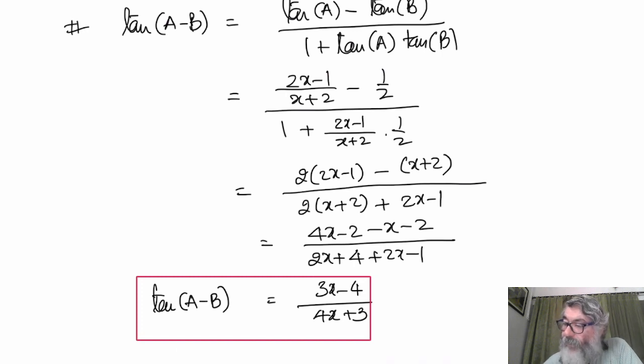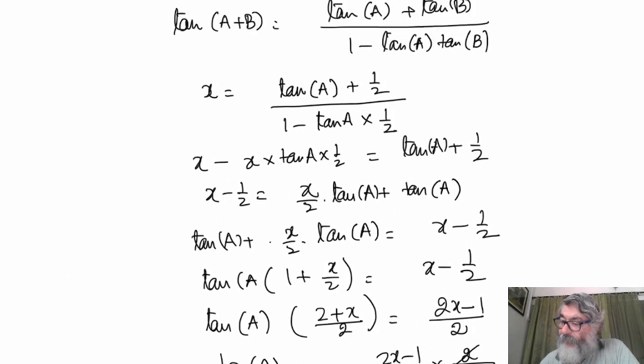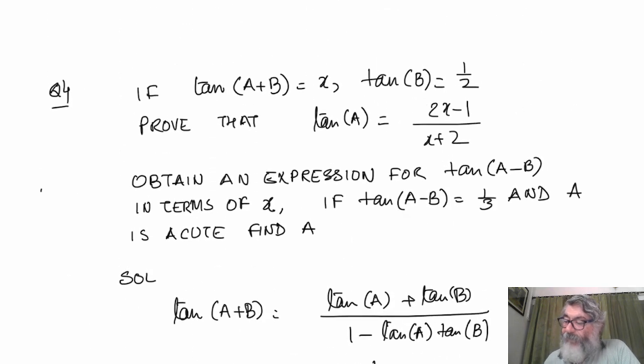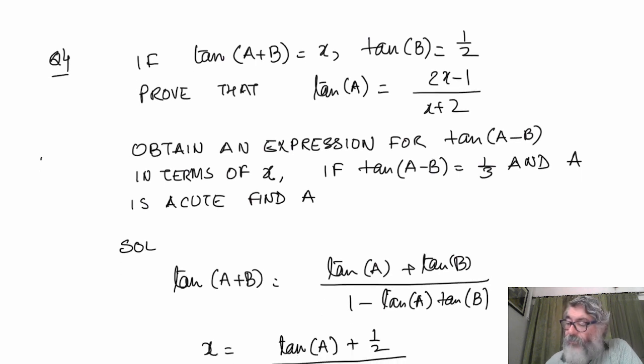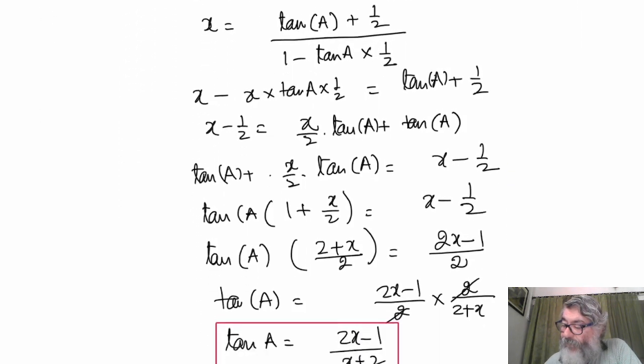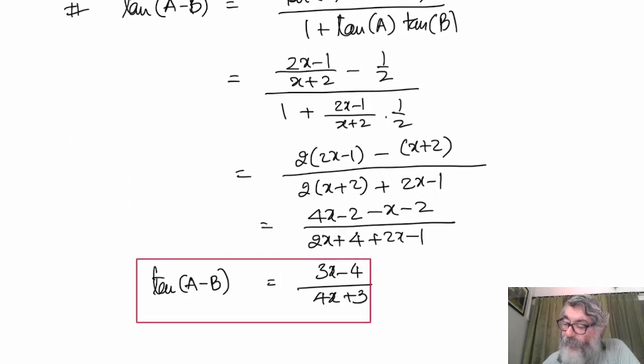Now at the same time he says, if tan(a minus b) is equal to 1 upon 3, you see in the question he has given you, obtain an expression for tan(a minus b) in terms of x. If tan(a minus b) is 1 upon 3 and a is acute, find the value of a. So whatever tan(a minus b) comes out to be, that is 1 upon 3.